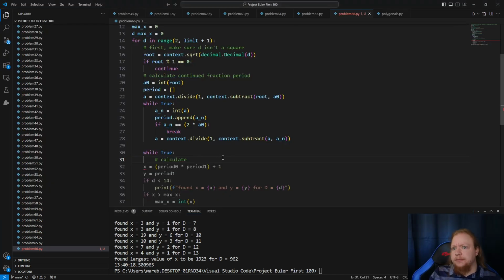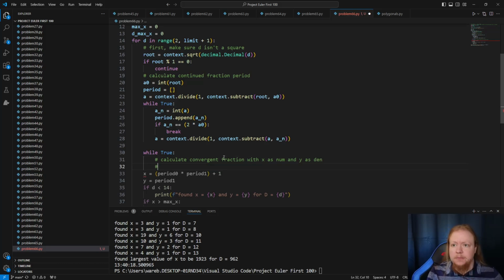Convergent. Convergent fraction. And y as denominator.